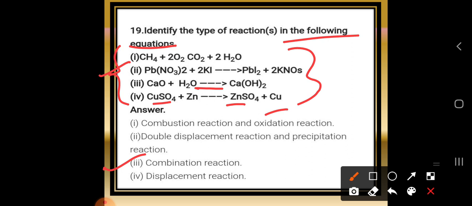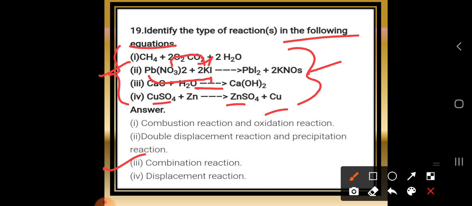Third one is Pb(NO3)2 and KI. Then you just go for the definition of double displacement reaction. The ions will be exchanged there. So Pb will make a bond formation with I, and NO3 will make a bond formation with K. Resultantly what you will get is PbI2 plus 2KNO3. Here you can observe which type of example it is.